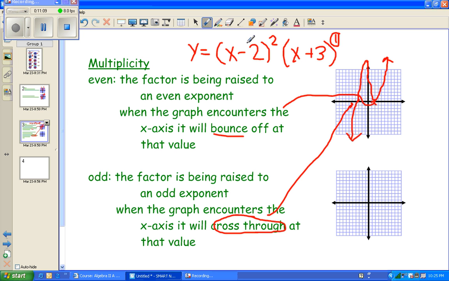Zeros are the same as your x-intercepts. You can get your y-intercept by plugging 0 in for x, and that would tell you where you're going to cross the y. So there's a lot of important information that you can pull out of just a simple polynomial expression or equation just by knowing what each of the components represent.